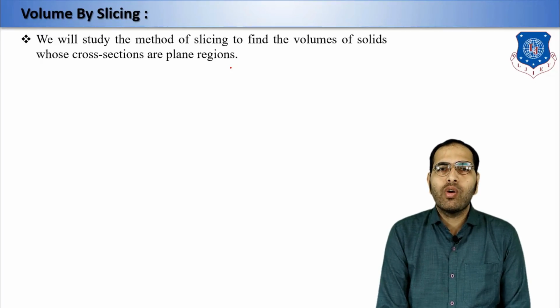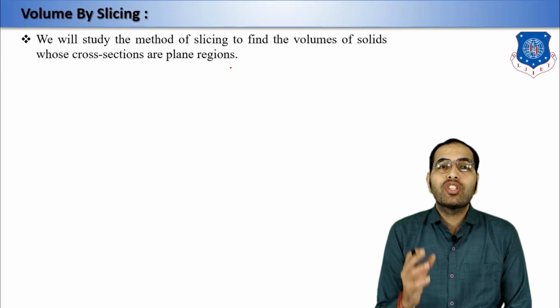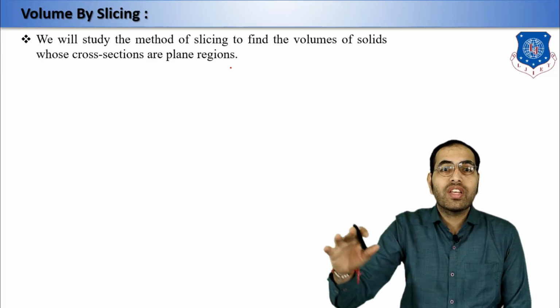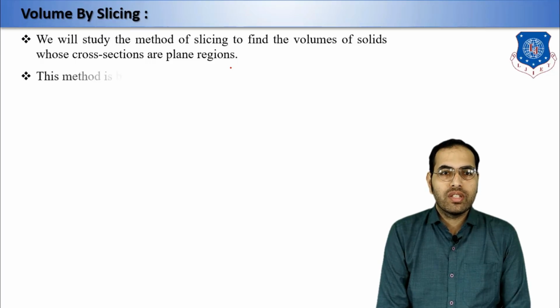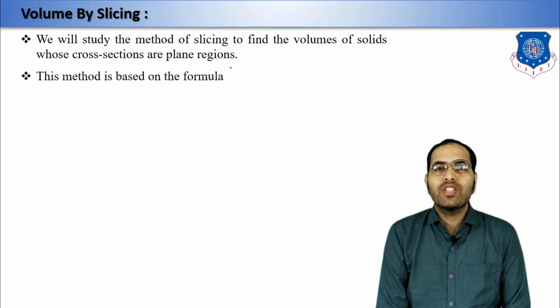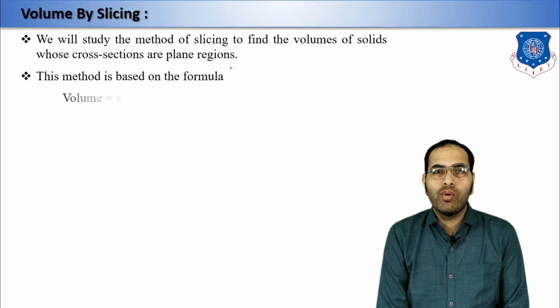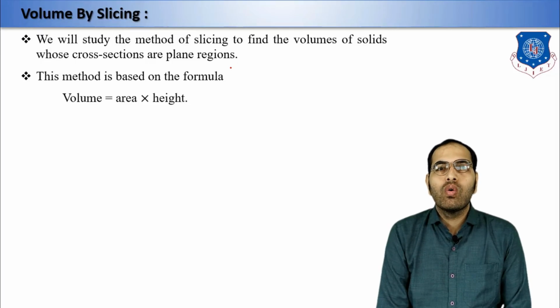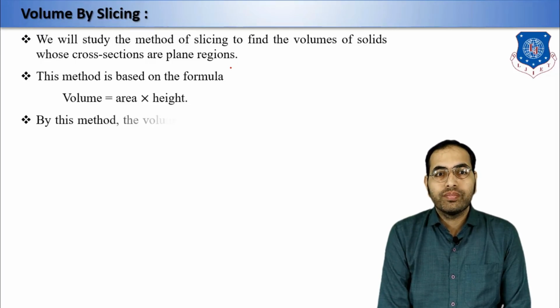We will study the method of slicing to find the volume of a solid whose cross sections are plane regions. This method is based on the formula: volume equals area into height.